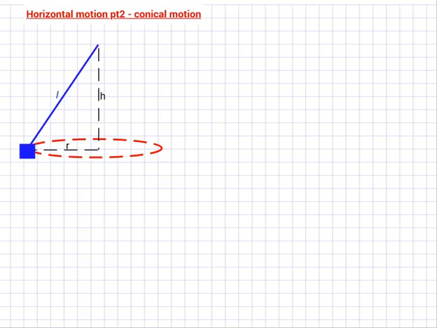Now, in terms of the forces that are acting on this, you've got the tension. So the tension occurs in that string, and that effectively is what's creating that centripetal force. But you have to appreciate that there are 2 components to that. I'll split that down. You've got a vertical component and a horizontal component.